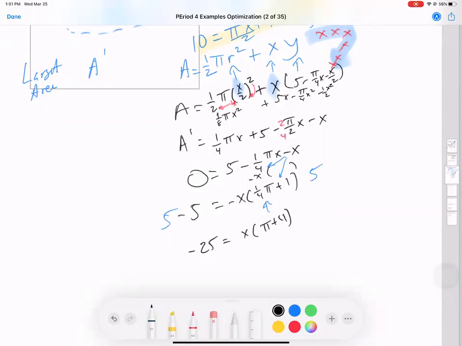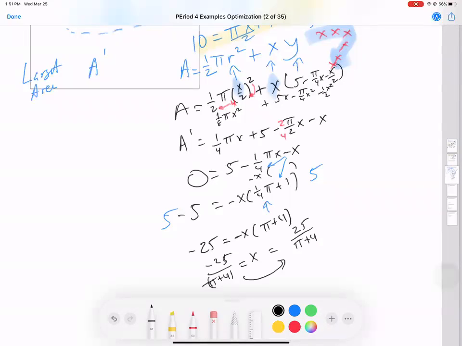And to solve for x, x is equal to 25 over negative pi plus 4. Rewriting this, it's 25 over pi plus 4.